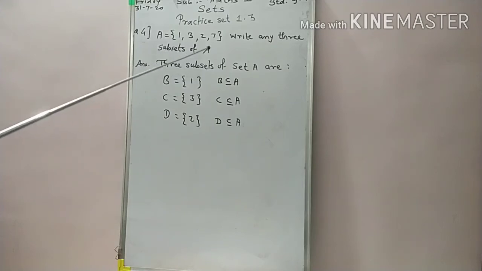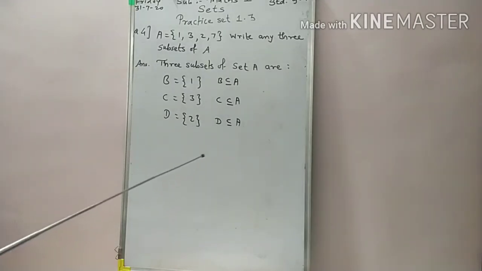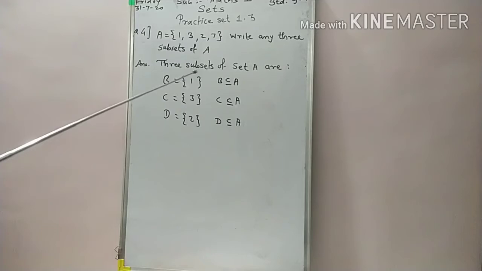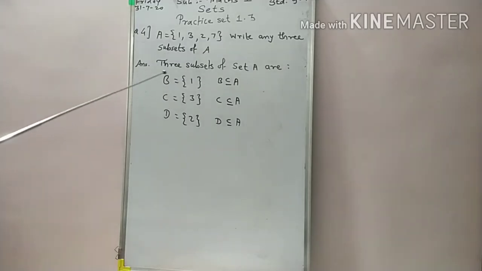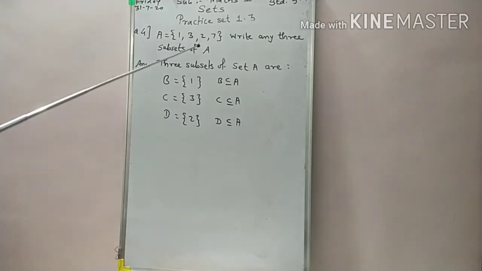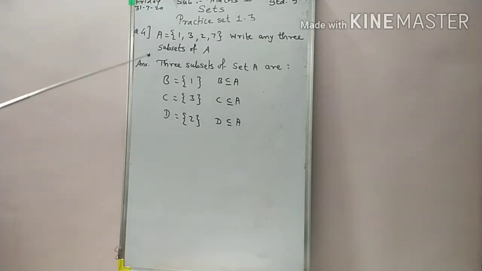You may take 7 also, that set E having element 7 is a subset of A. Or you may take 2 elements, 1 and 3, in any set, and that set becomes a subset of A. Or you may take 3 elements, 1, 3, 2, and that set becomes a subset of A. Or you may take all 4 elements, because as we know, every set is a subset of itself.